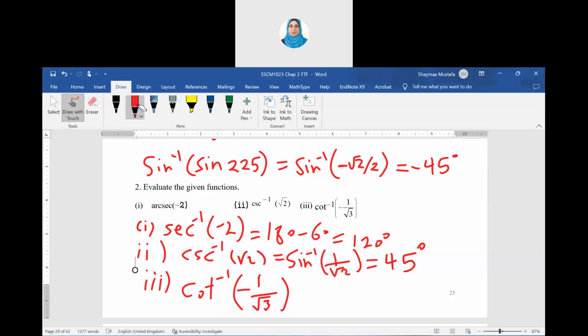Cot inverse of minus 1 over the root of 3. This one is equal to what? I need to see your answers.